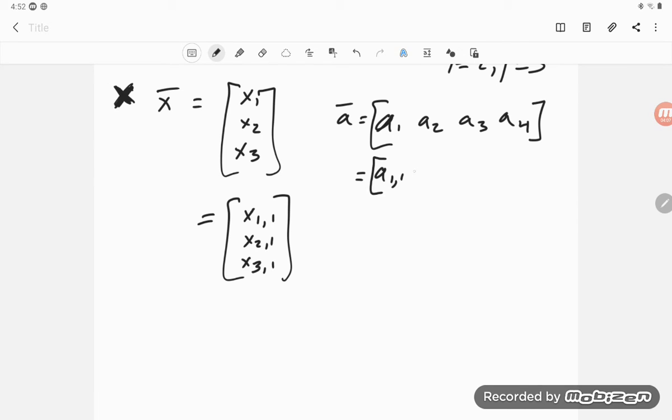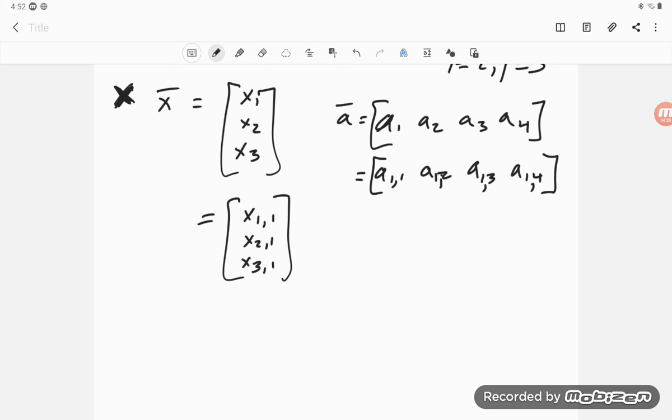Similarly, this could have been A11, A12, A13, and A14. But if we don't have more than one row or more than one column, it seems kind of wasteful to toss in those extra indices.